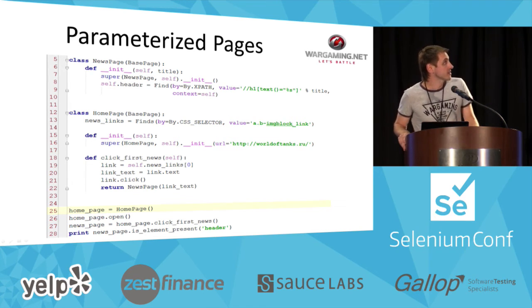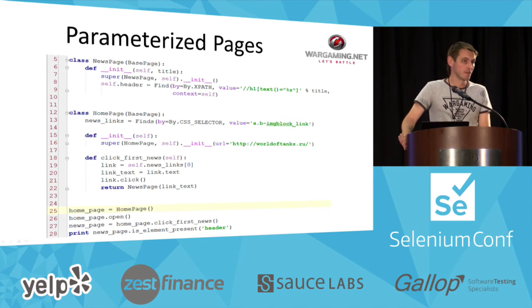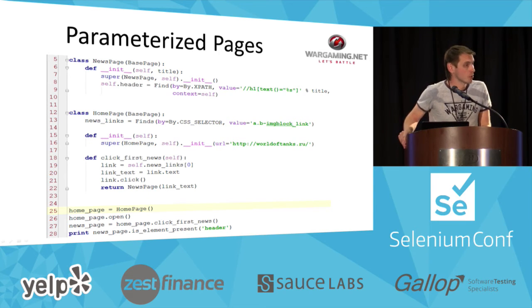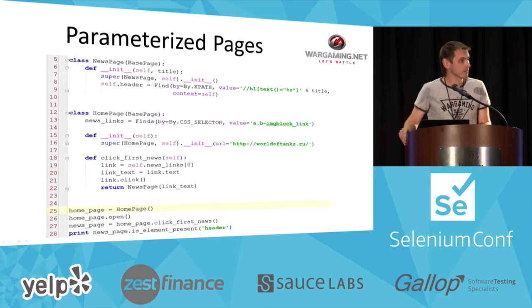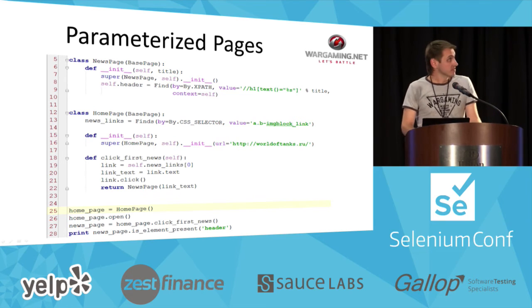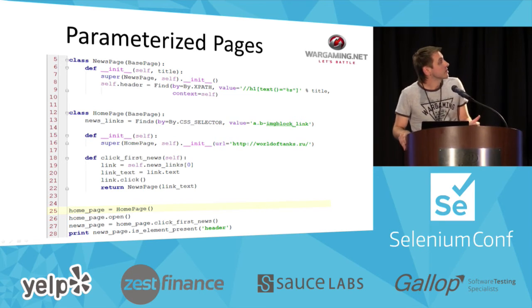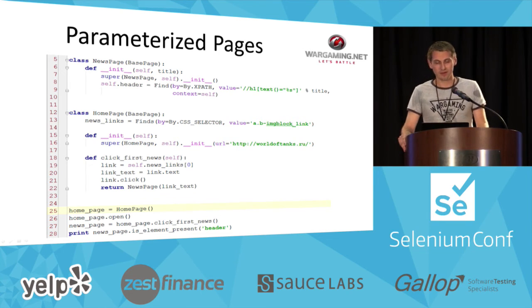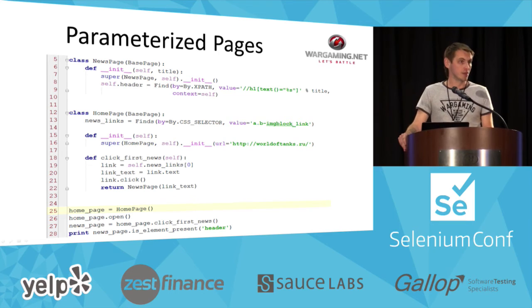Find has a context parameter for this purpose. And in our case, in the slide, it's just the current object, the current page. It's the self keyword in Python. In the example here, the click first news method of the home page returns a new page object which already has all defined locators.